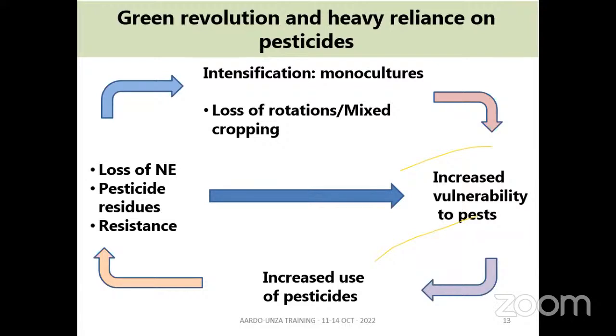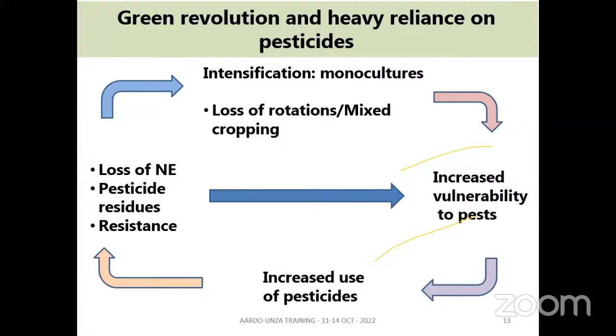Okay, just as a summary, the issue of disease as a problem in agriculture began when monocultures began to intensify.